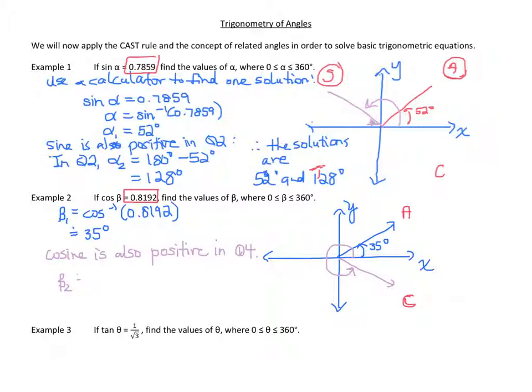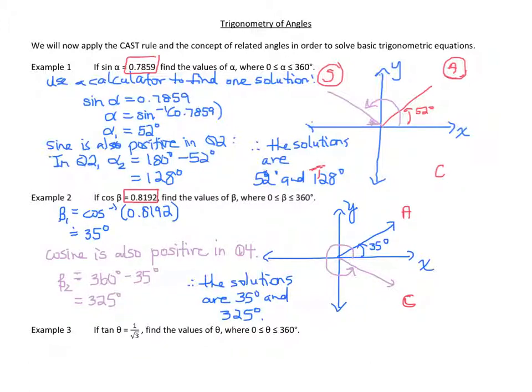So a second value for beta can be found by subtracting 35 degrees from 360 degrees, giving us an answer of 325 degrees. So therefore, the solutions are 35 degrees and 325 degrees.